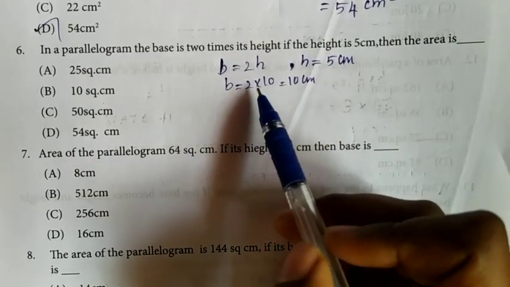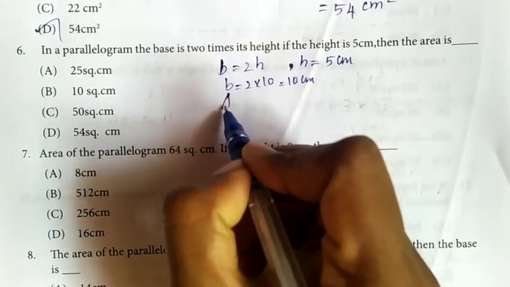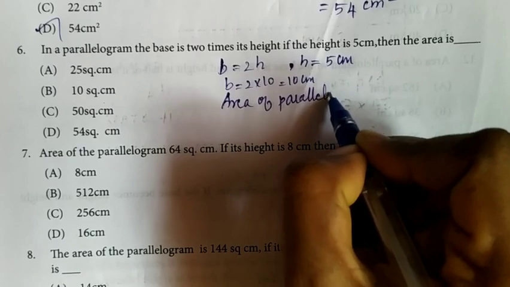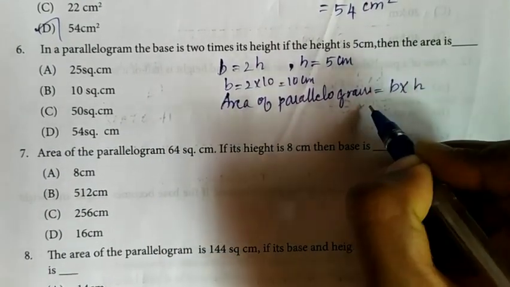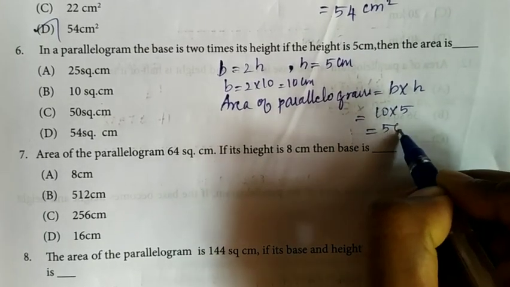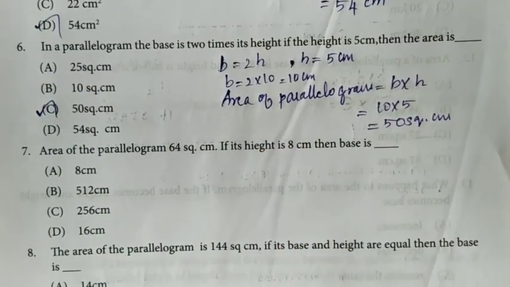We know the values of base and height, so we can easily find the area. Area of parallelogram is base into height. So 10 into 5, we get 50 square centimeter. Option C is the correct answer.